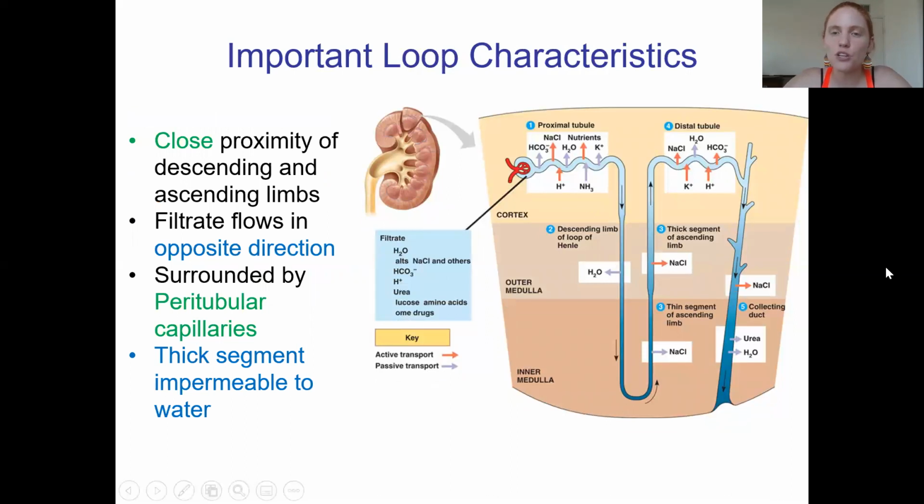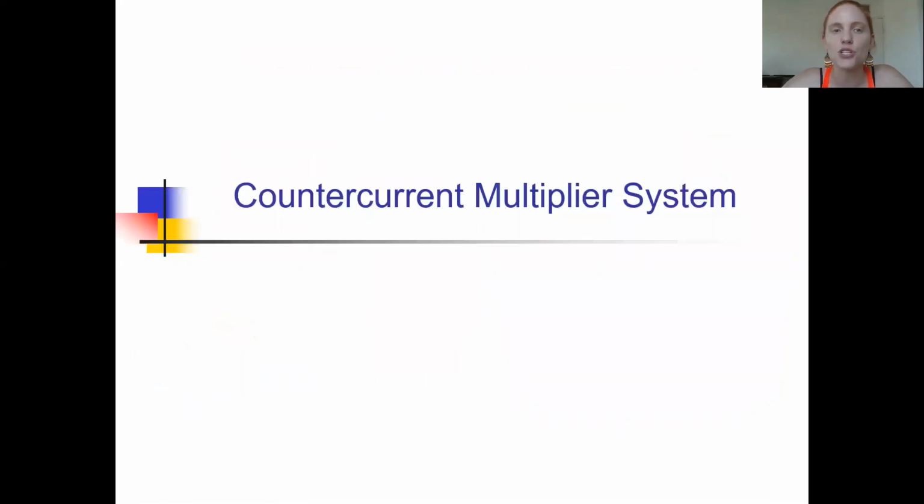Okay, so when you have them right next to each other, that means they both share the same environment on the outside of the tube. And then that's going to be surrounded by peritubular capillaries to help draw anything that comes out back into the body.